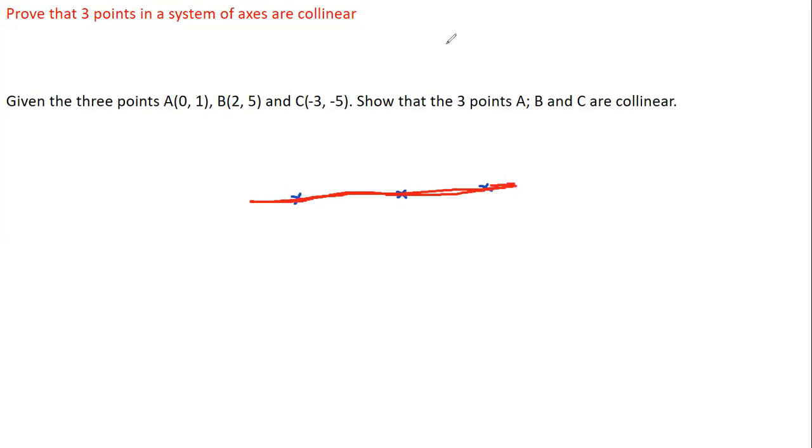Suppose I gave you, for example, this one. I have given you a point, another point, and the third point. I want to ask you guys, through these 3 points that you see in front of you, can we draw a straight line passing through the 3?